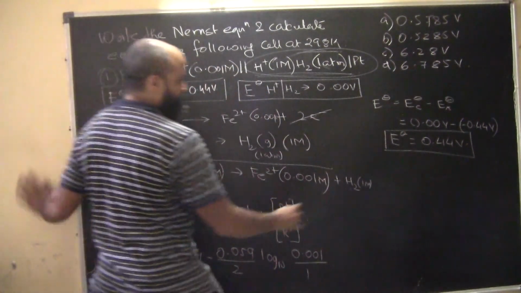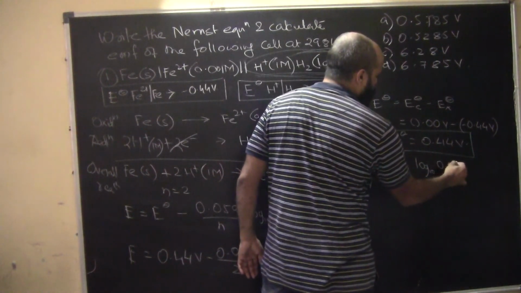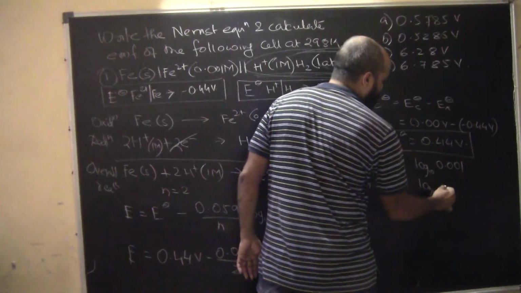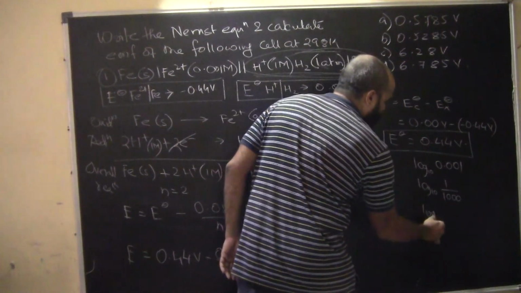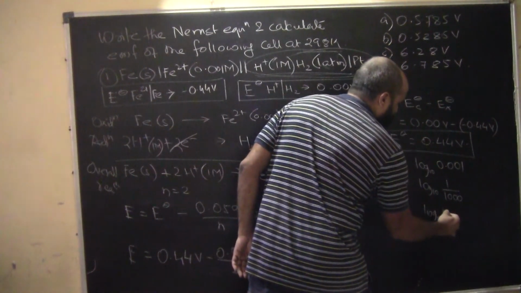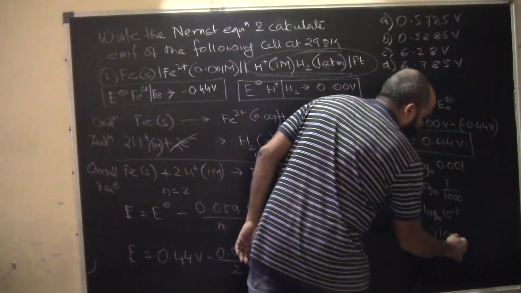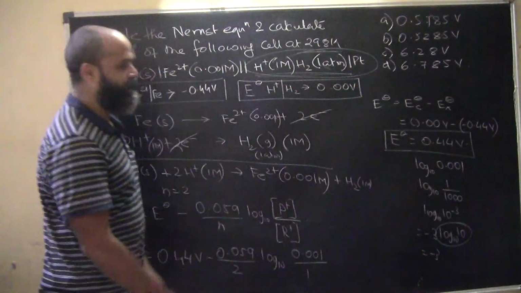So just resolving it separately, log 10 of 0.001, this means log 10 of 1 by 1000, right? So this means log 10 to the power of minus 3, which means minus 3, and this value is 1, so this will be minus 3. I hope this is understood.